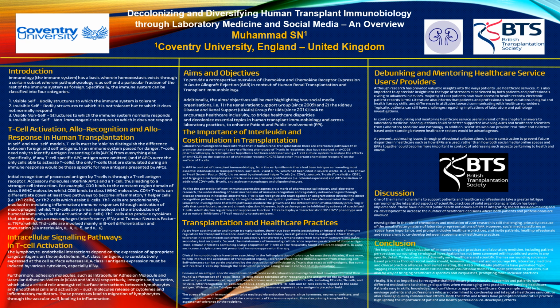T helper type 1 cells also produce cytokines that primarily act on macrophages, for example, interferon gamma and tumor necrosis factor alpha. Whilst T helper type 2 cells are involved mainly in B cell differentiation and maturation through, for example, different interleukins, such as interleukin 4, interleukin 5, and interleukin 6.